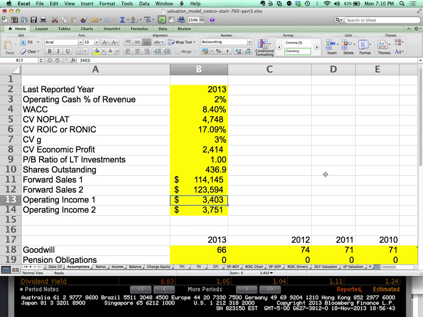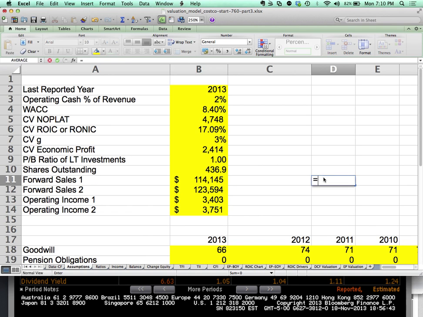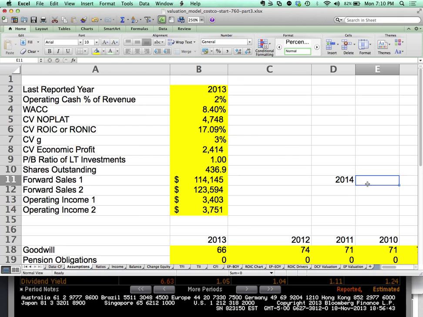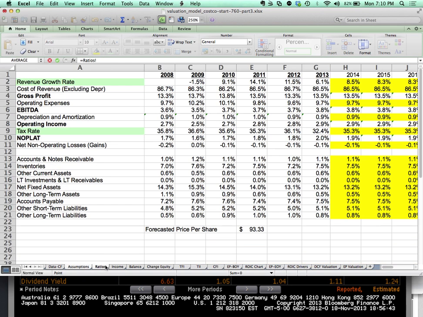On the Assumptions tab, my first forward year equals, I'll get out the Ratios tab, is 2014. And my second forward year is 2015.